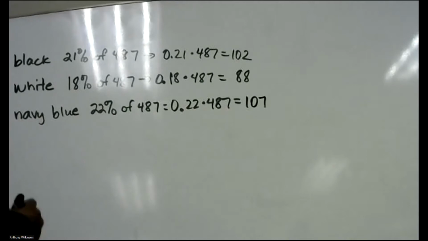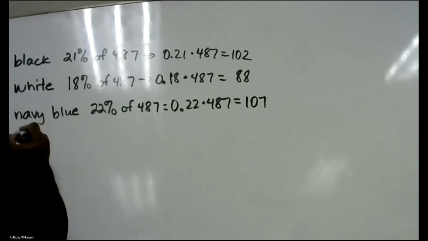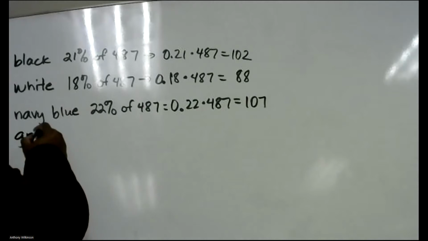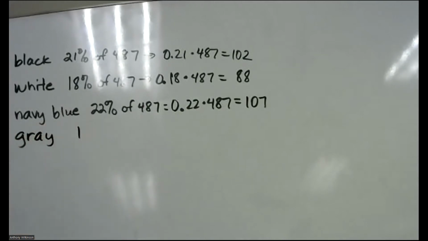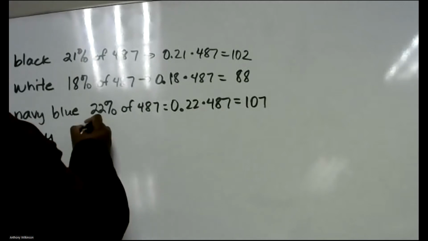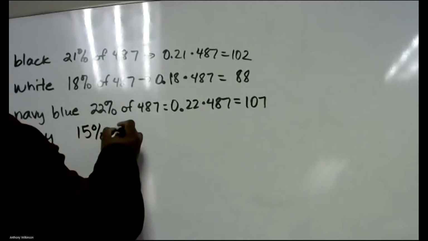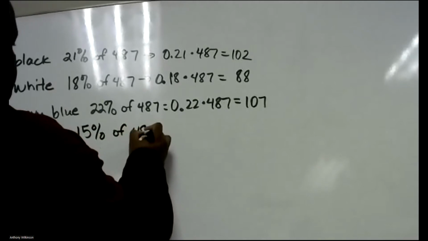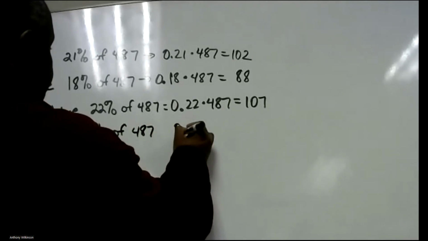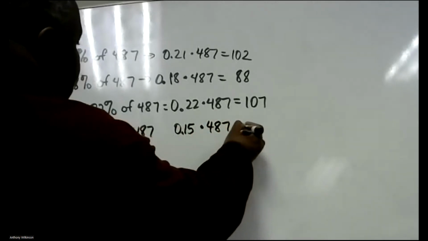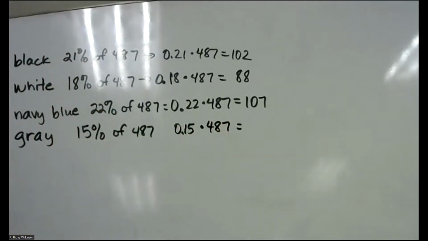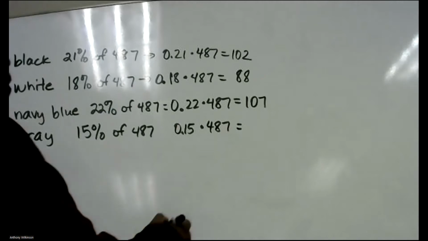And then for gray, 15% of the uniforms have gray as the dominant color. So that's going to be 0.15 times 487, which will be 73.